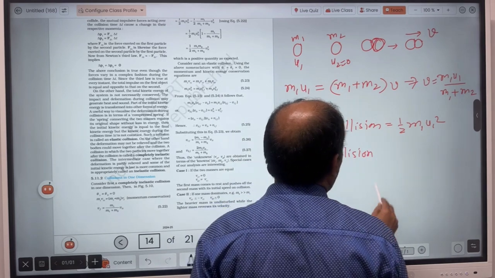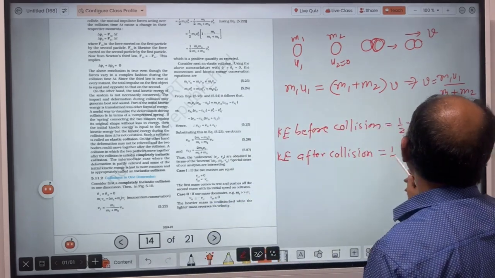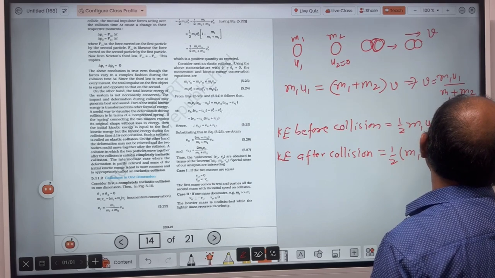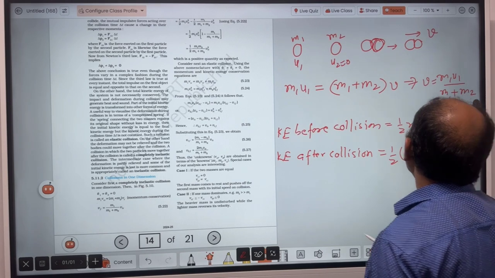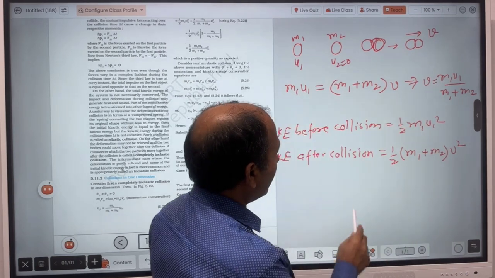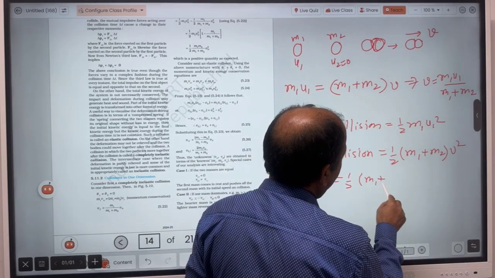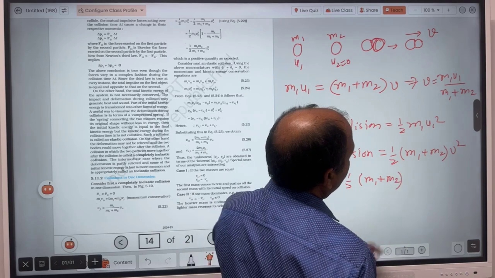So what will it be? Two bodies are moving together, so 1 by 2 (m1 plus m2) times the common velocity v square. So we put the values. So here we put 1 by 2 (m1 plus m2) times v square.